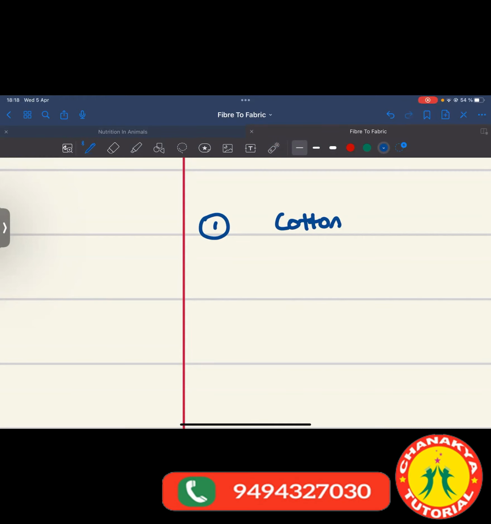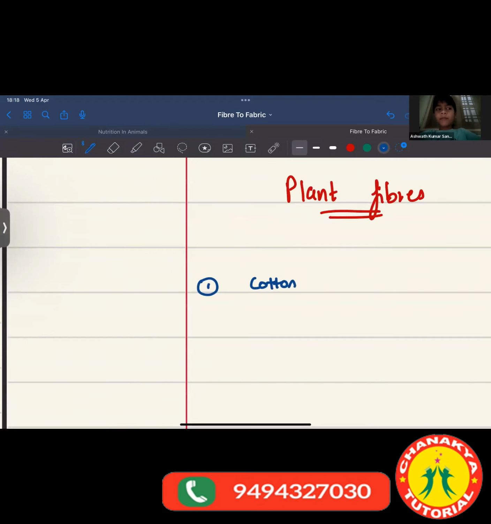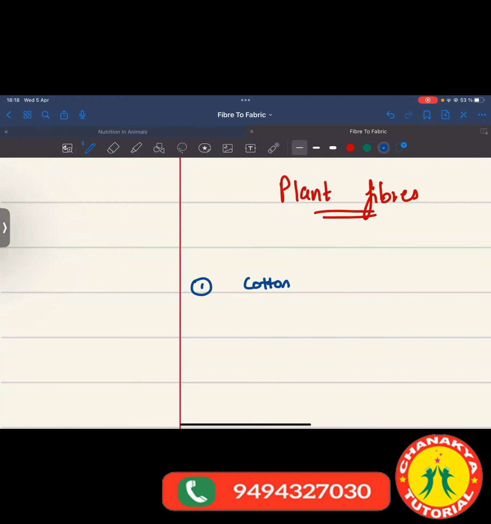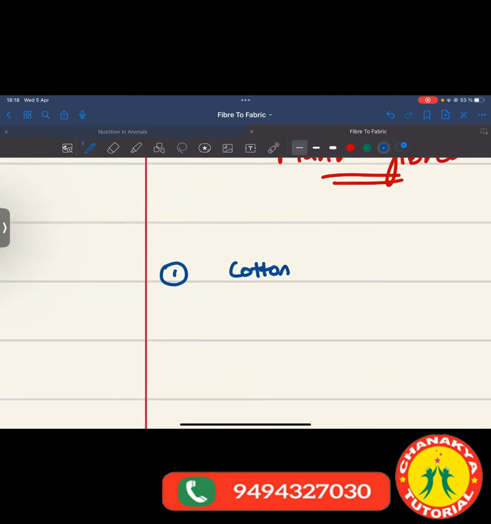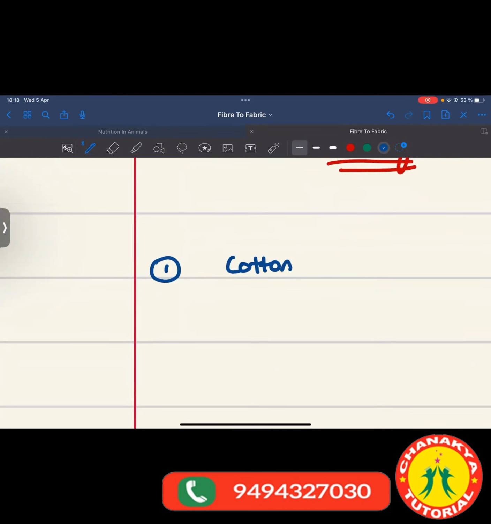Okay, very good. Silk. Is this correct? No, ma'am. Why not? Because we get it from the silkworm. Silkworm is an animal, not a plant. So cotton and jute are the major plant fibers used.